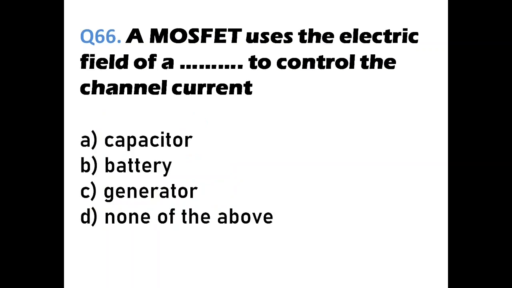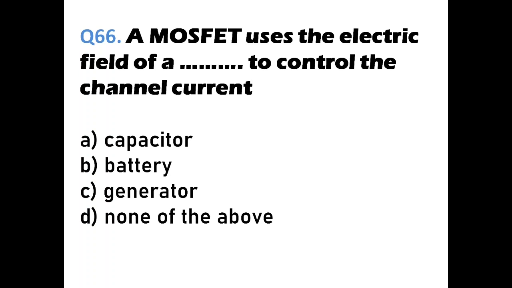66. A MOSFET uses the electric field of a dash to control the channel current. Okay, now as I've told you, in MOSFET, whenever you look at the gate terminal connection, the gate terminal is connected to a metal. After the metal, there is an oxide layer, and after the oxide layer, there is a semiconductor, okay, where you have the channel.